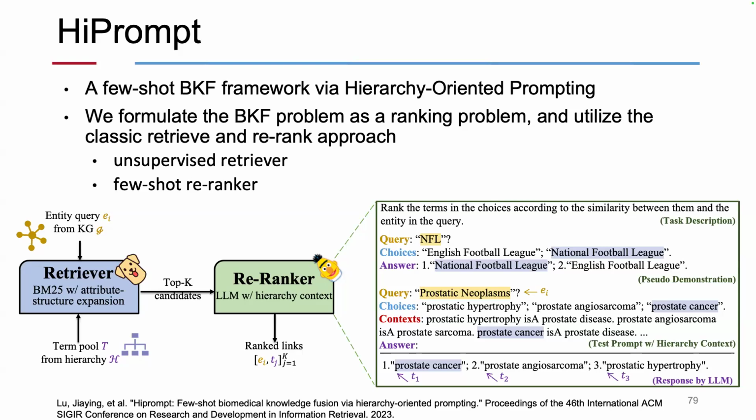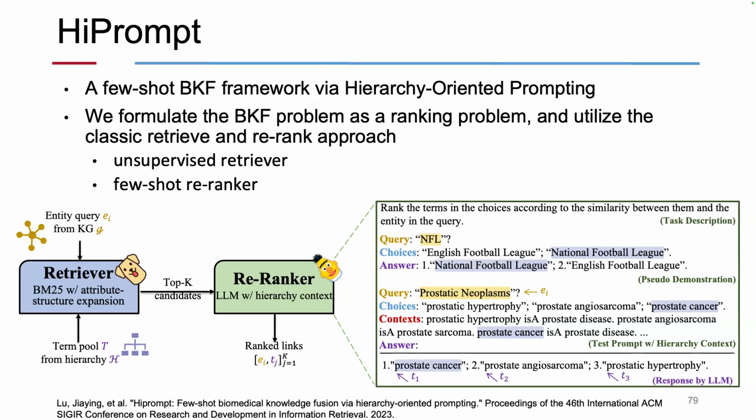What we did at that time is a two-step pipeline. First, you use a more traditional method to do retrieval, a pre-selection of the candidates. Then you use a large language model to do re-ranking based on the set of pre-selected candidates. It's a pretty straightforward solution.